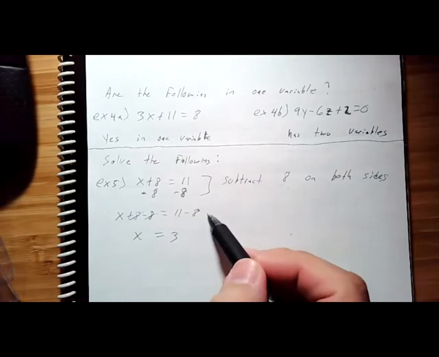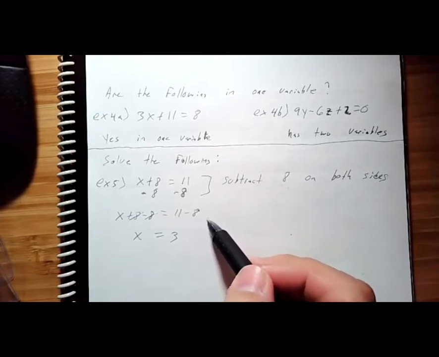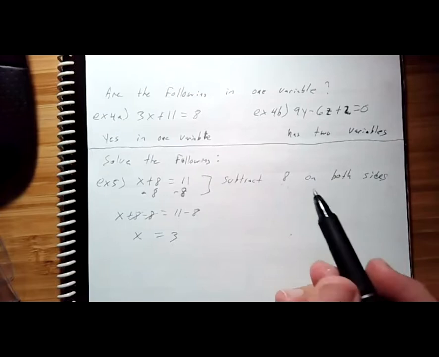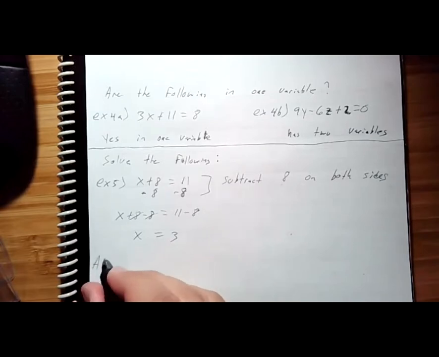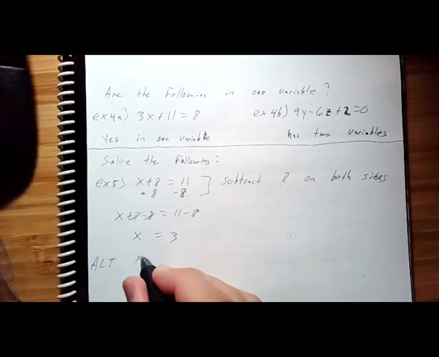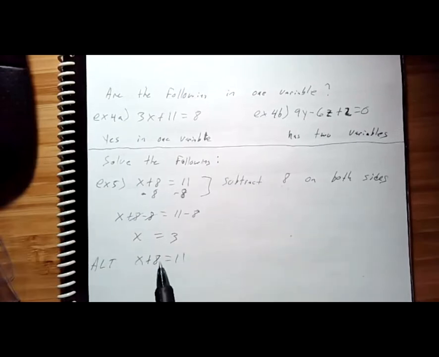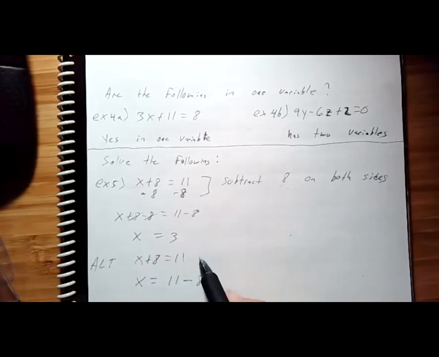Now, you don't have to show an in-between step if you don't want to. I'm just showing it in case you're not seeing what's happening. An alternate way to think about it, when you're dealing with addition and subtraction, is if you move any term to the other side of the equals, you just switch the sign. So I'm moving the 8 over here, so now it's a minus 8. Plus to minus.